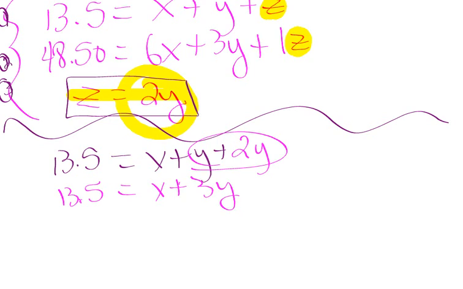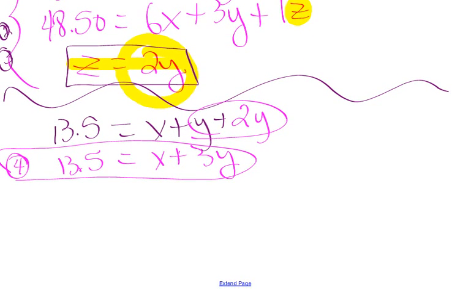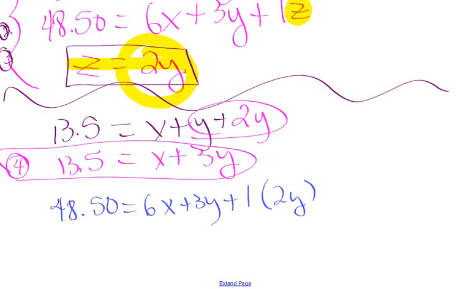So now we've got equation 4 right here. Okay, now we're going to substitute equation 3 into our equation 2 to get our equation 5. So now we're going to take 48.50 equals 6x plus 3y plus 1 times z, which is 2y. And 1 times 2y is just 2y.